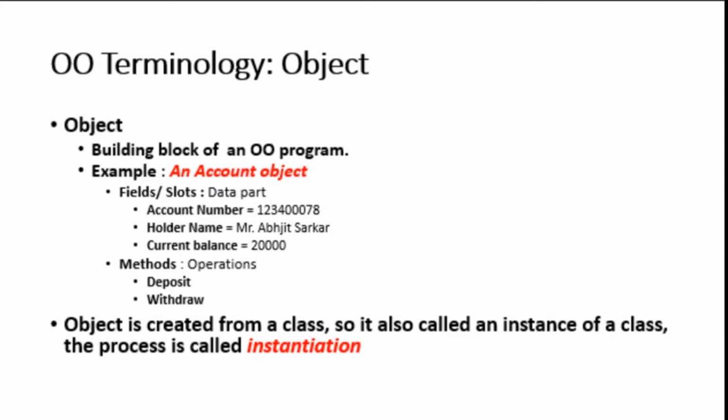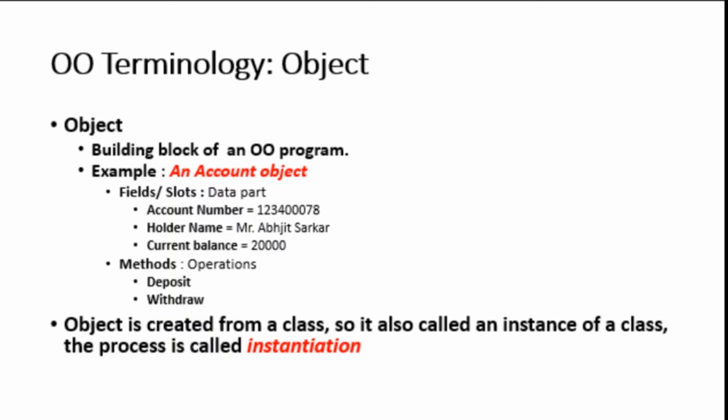Object. Object is the building block of any object-oriented program. Object is defined as an encapsulated unit of data and operation on this data. Data parts of an object consist of one or more fields or slots, and operations are also called methods. So for example, in a banking software, account of a customer can be an object.